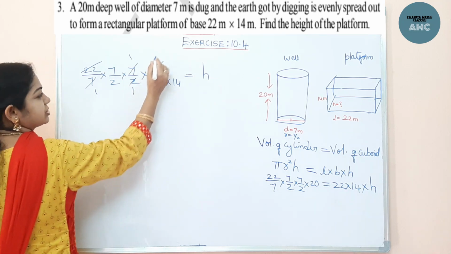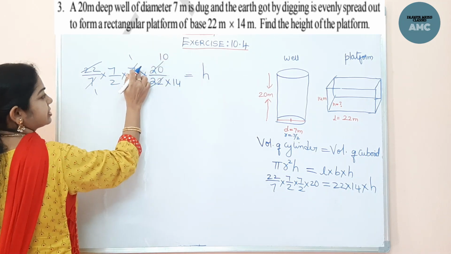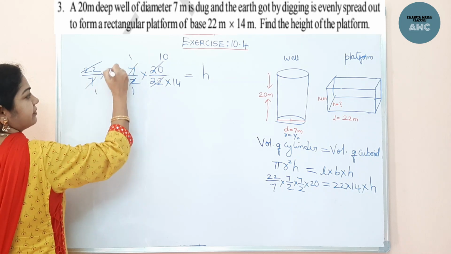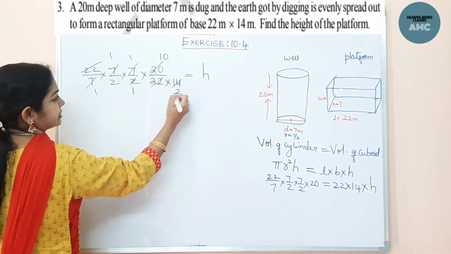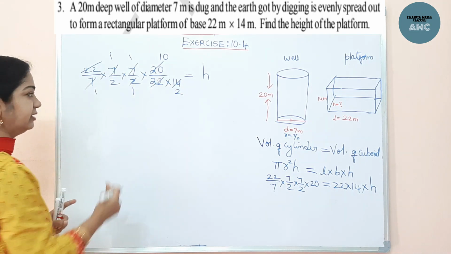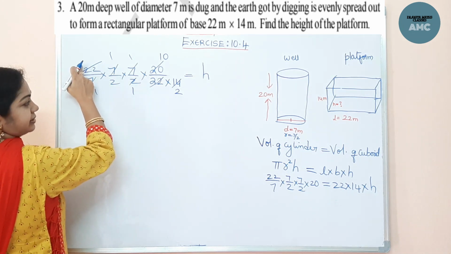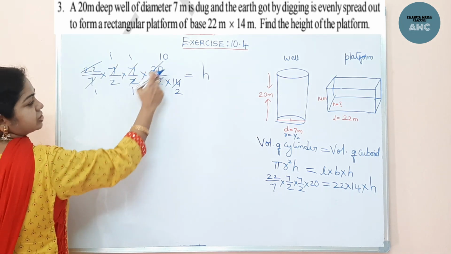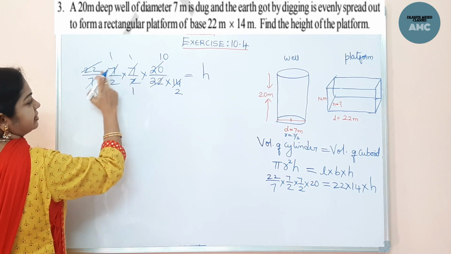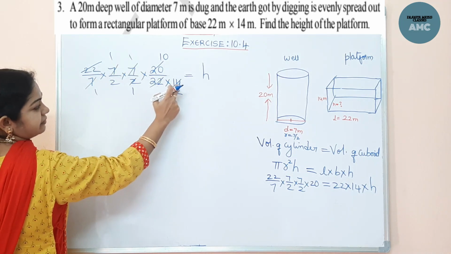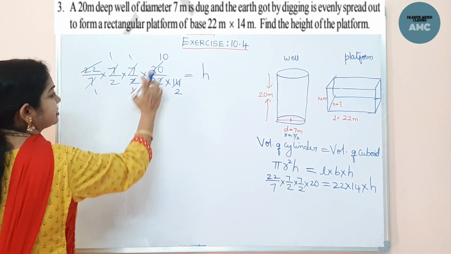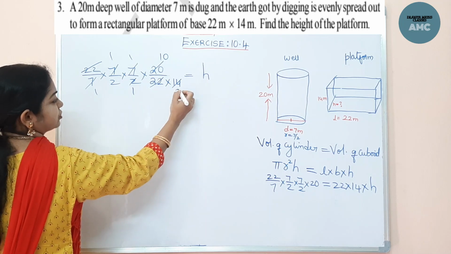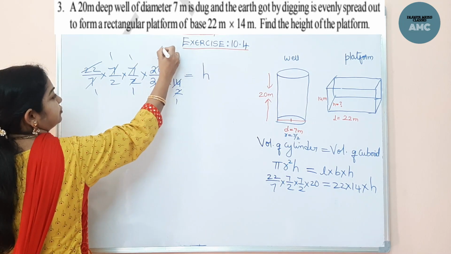So 2 ones, 2 tens. Okay. Now 7, 7 I cancelled. 7 once, 7 twice. 22 and 22 cancelled. 2 ones, 2 tens, okay, 7, 7 cancel, 7 ones, 7 twice. Now what is remaining still? 10 and these 4. So 2 ones, 2 fives.